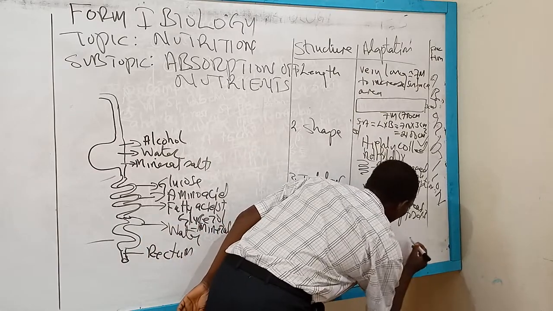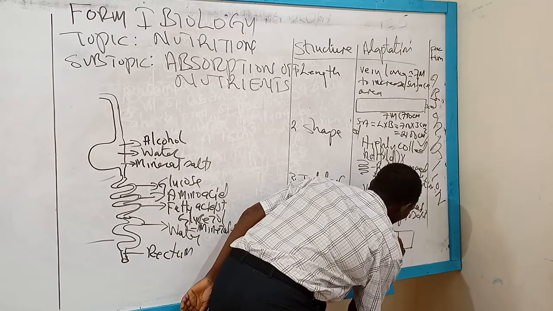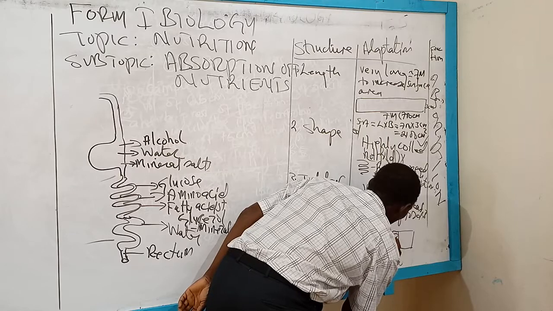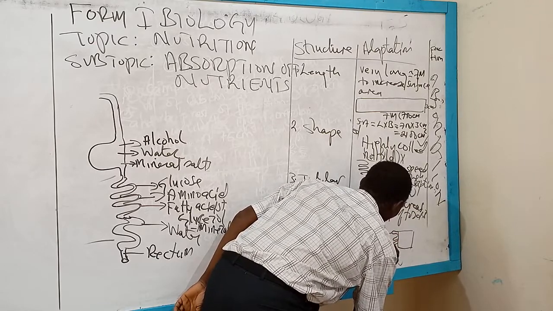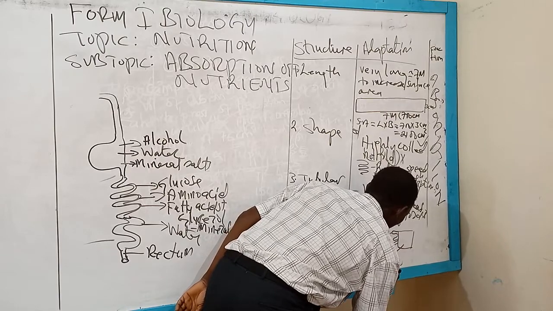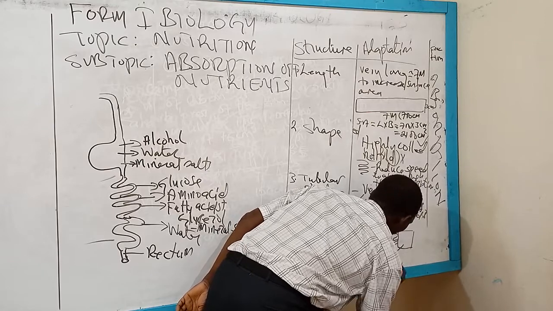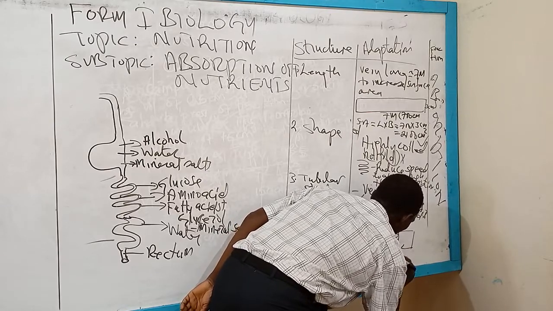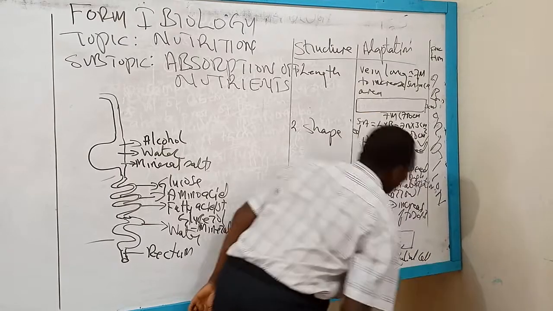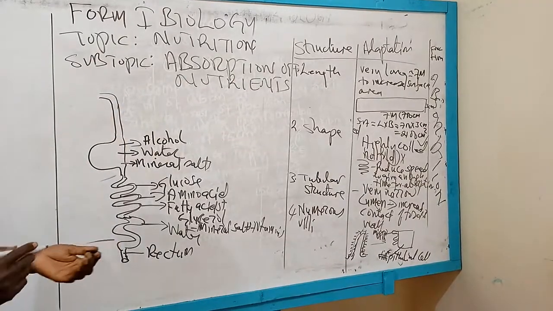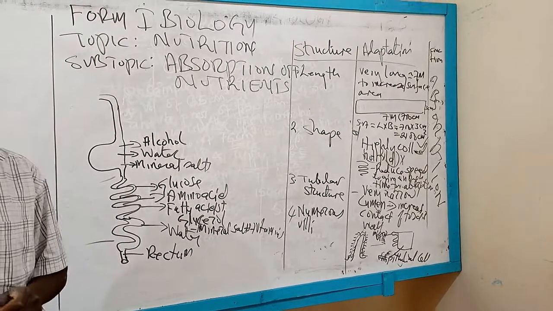If I would magnify this, one cell will be like that. So these are the microvilli, and this is the villi. This is the epithelial wall. Epithelial cells, because it's one. You have to be very careful with the plurals and singulars in biology.